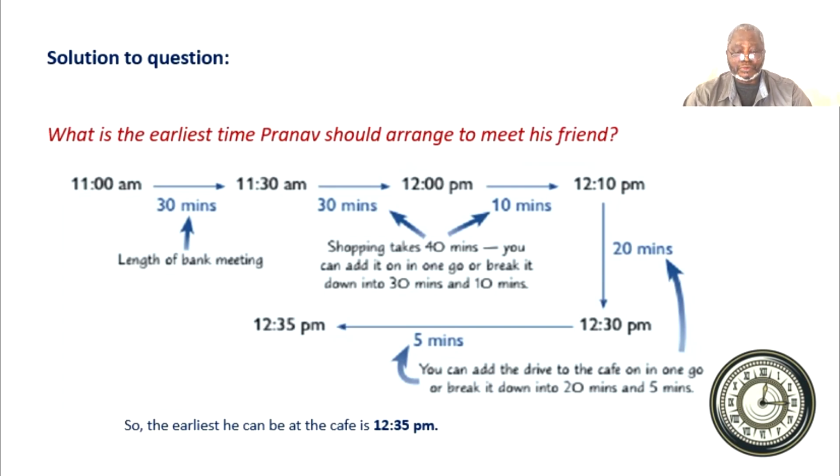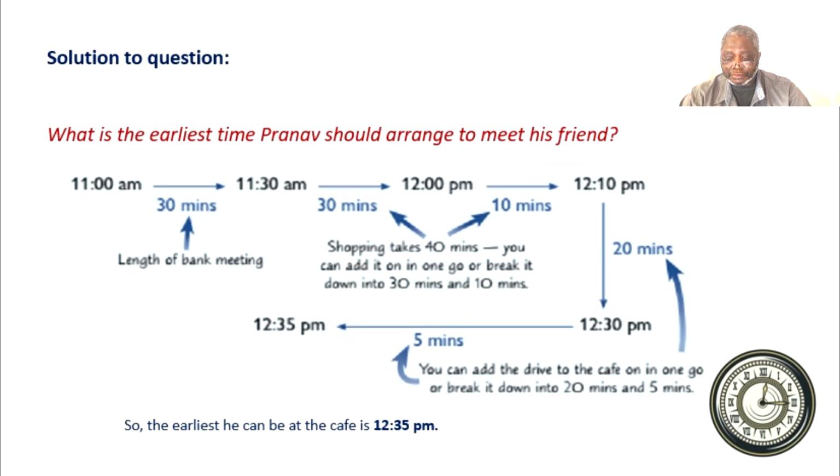Then he has to do a 40-minute shopping spree. Split it. The first half an hour from 11:30 will take him to 12, and then the additional 10 minutes will take him from 12 to 12:10. That's 40 minutes spent.